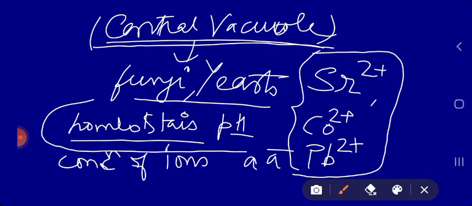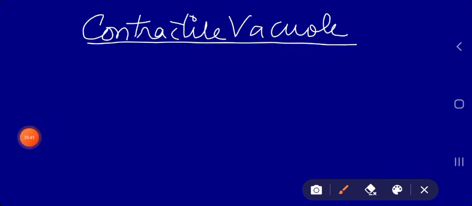Now we will talk about two more vacuoles. One is the contractile vacuole and another one is the food vacuole. So let us see the contractile vacuole. The contractile vacuole is a specialized osmoregulatory organelle that is present mainly in free living protists.